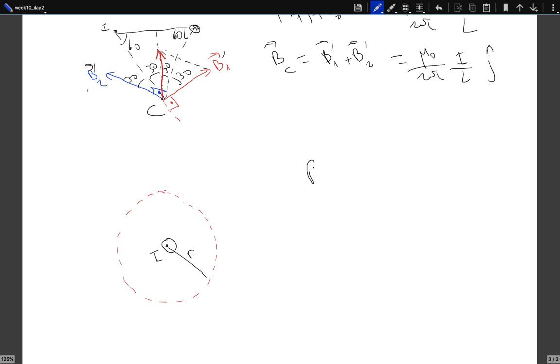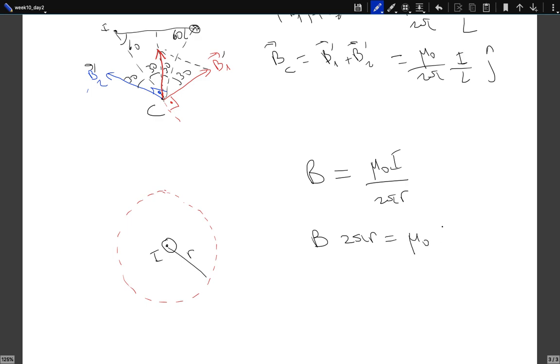Now the magnetic field on that circle, its magnitude will be mu0 I over 2 pi r. Well, let me multiply B with 2 pi r.